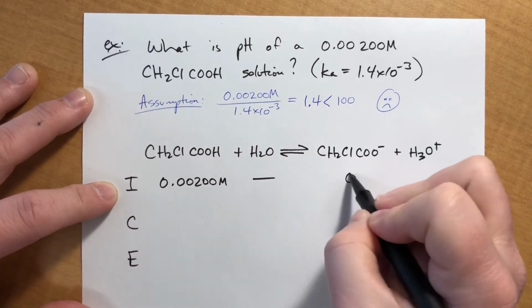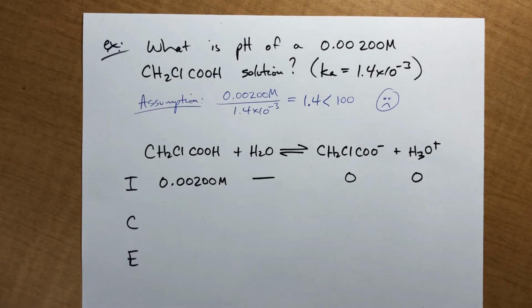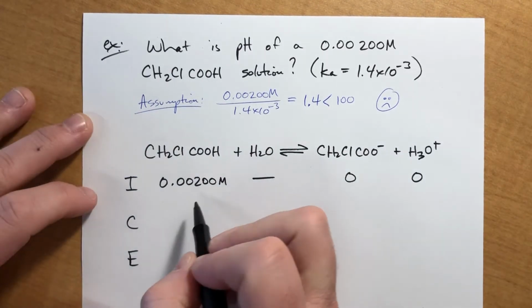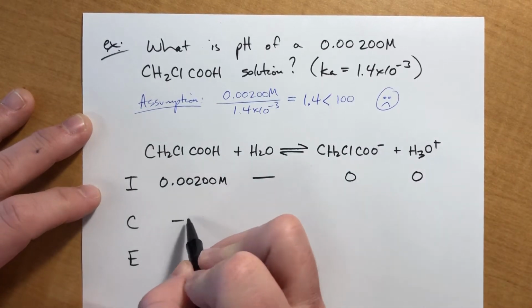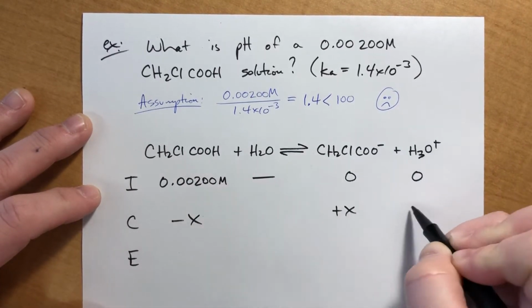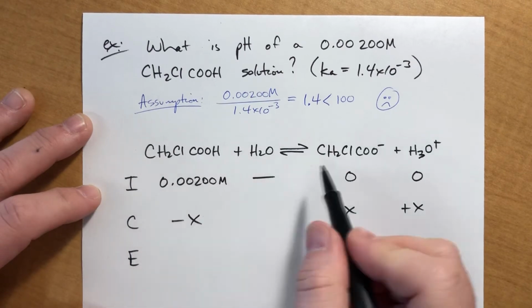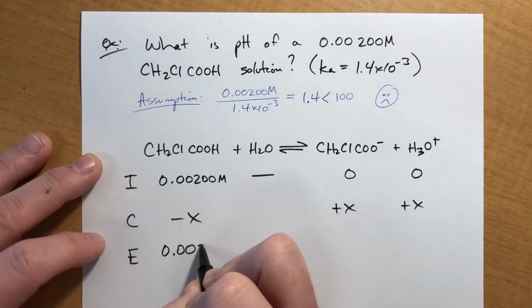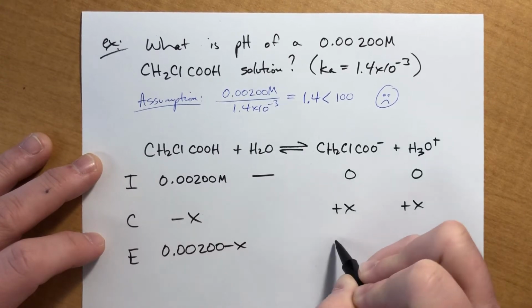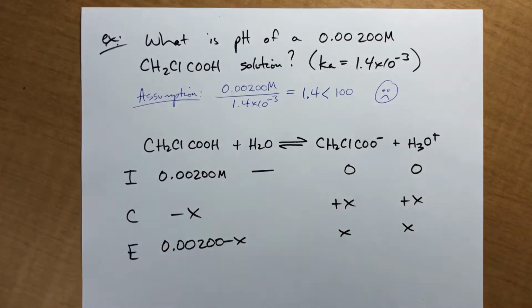We can ignore water and we don't have any of those products yet. We only have reactants, so to get to equilibrium, we're going to have to form products. So this is going to decrease by some amount, and these are going to increase by the same amount. For every one of these, we get one of these and one of these. So this comes out to 0.00200 minus x, and this is x, and this is x.